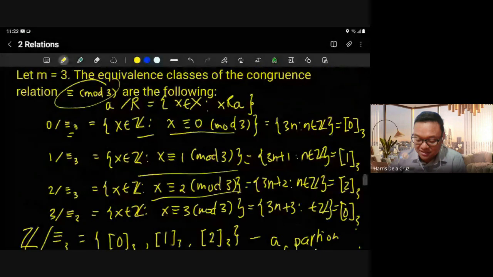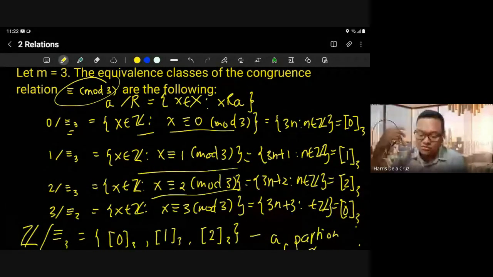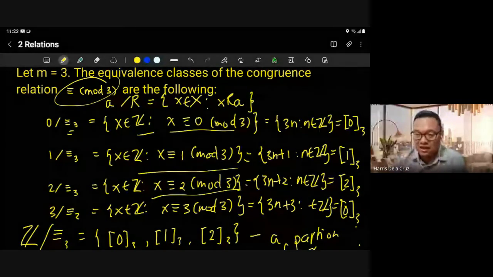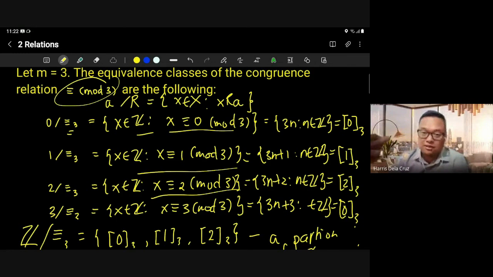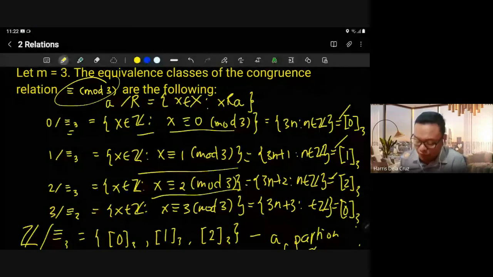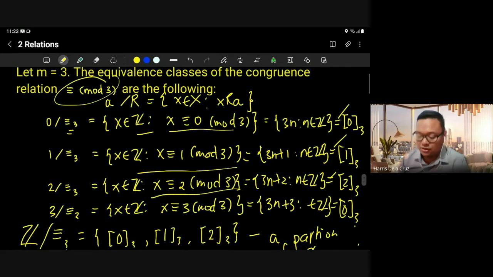Yung example natin kanina, meron tayong equivalence class defined by the modular relation mod 3. So, nung kinuha natin yung equivalence class ng mod 3, nakakuha tayo ng tatlong equivalence classes. Yung 0 mod 3, 1 mod 3, tsaka 2 mod 3. Itong tatlo na to. So, yung tatlo na yan actually forms a partition of Z.